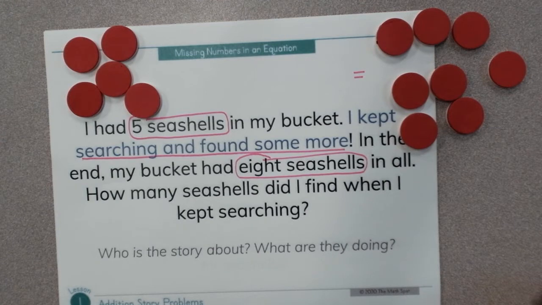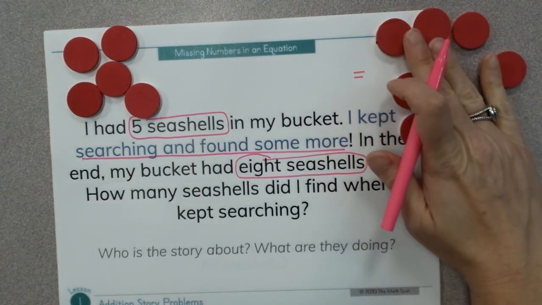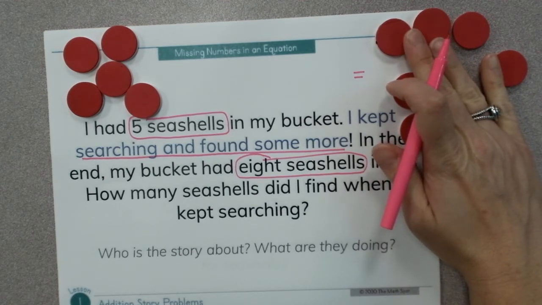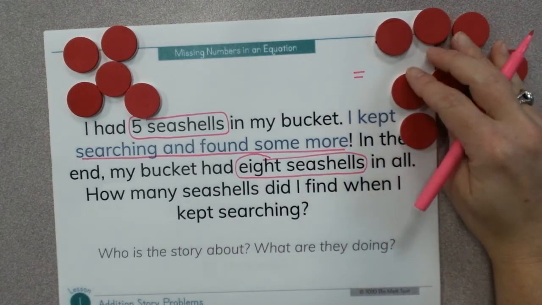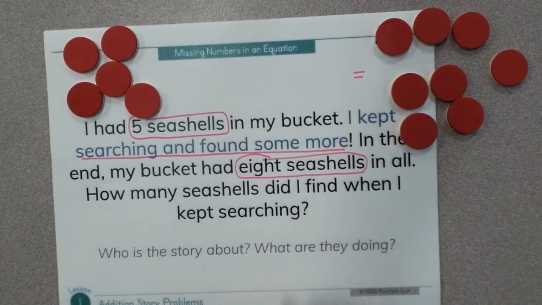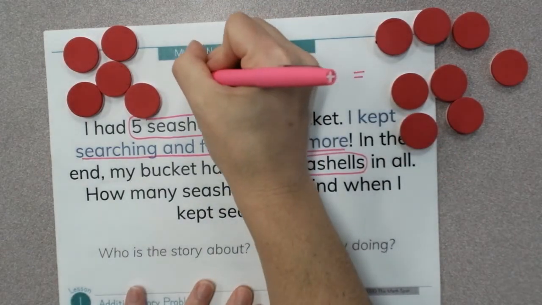Well, if I'm finding more, is the number of seashells that will be in my bucket at the end getting bigger or smaller? It's getting bigger. So when we want our total to get bigger, what do we do? Add or subtract? We add.